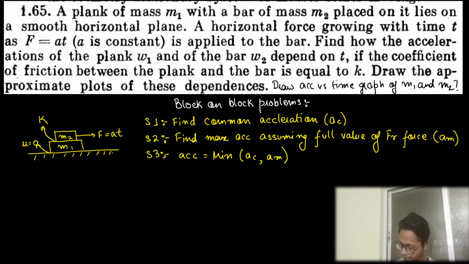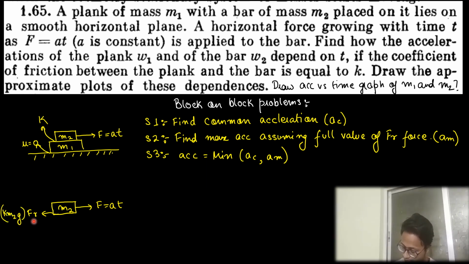But how do I apply this process out here? See, out here, draw the free body diagram. On M2, the force being applied is equal to A into T. Now this M2, as it tries to move forward, this M1 will pull it back. So friction force from this surface is in this direction, and the value of friction force is k m2 g.